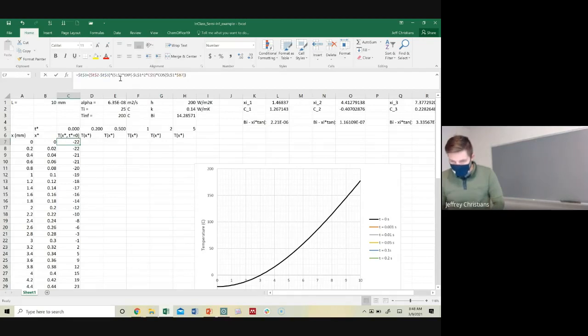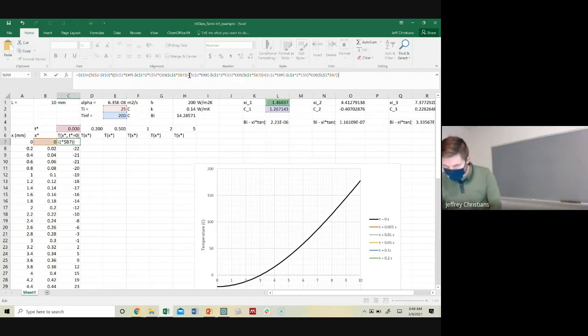Okay. We can add more terms. So I'm going to copy this. Make sure my parentheses are right.